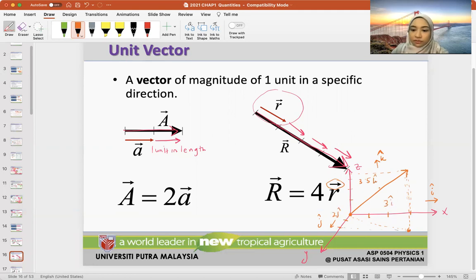So the way you describe this vector R is 3I plus 2J plus 3.5K. Okay, so this is for 3D. What we were talking about earlier is basically just 1D. This is one dimensional, described by this A, and by R. In this case, it is 3-dimensional, described by I, J, and K.